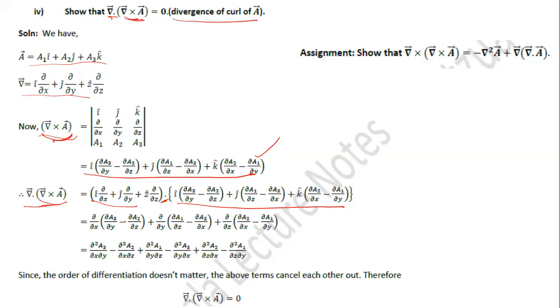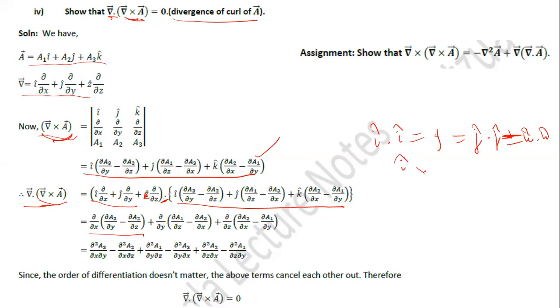So i dot i is 1, right? So this del operator operating on that, del upon del x, j dot j is 1, and this is not z cap, this is k cap, k cap dot k cap is 1. So i dot j, i dot k, they are 0, because we have already discussed this. You should always remember that i dot i is 1 and j dot j is 1 and k dot k is 1.